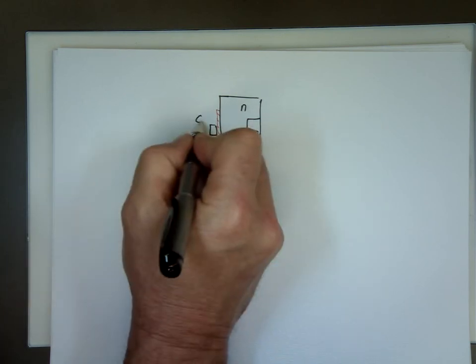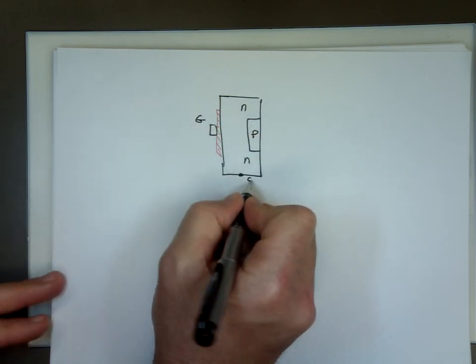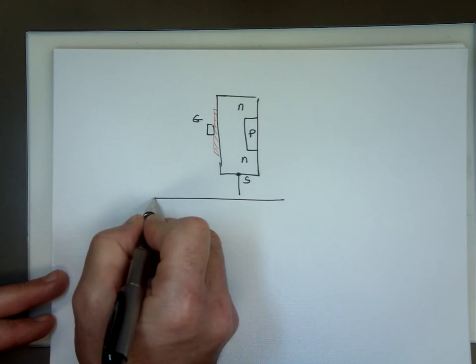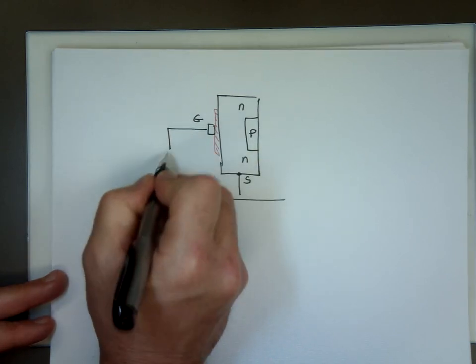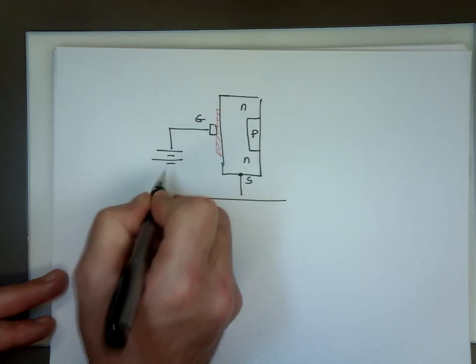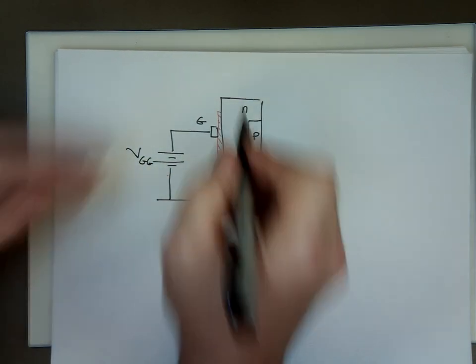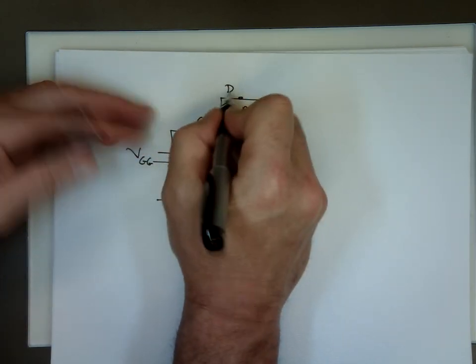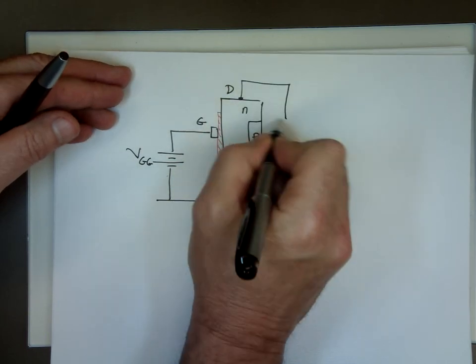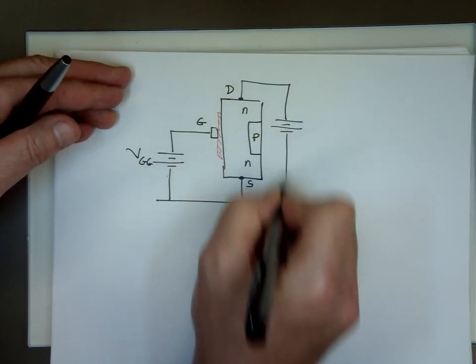This is my source, attach that to the ground. Attach this plus minus VGG. That's the drain here, plus minus, that's VDD.